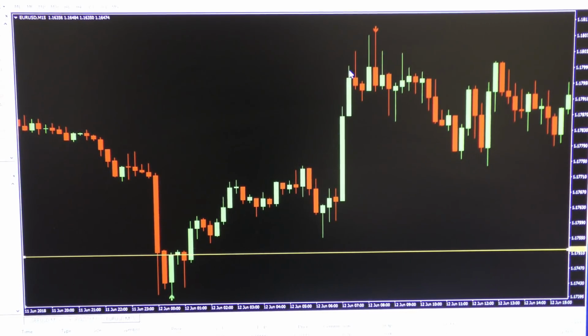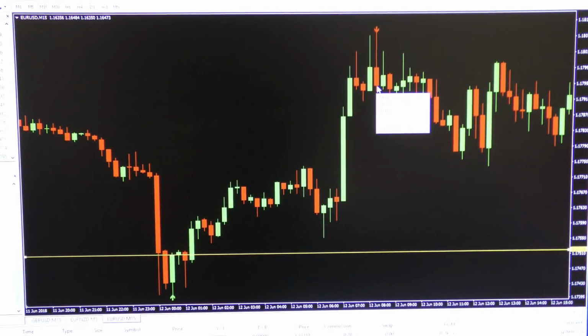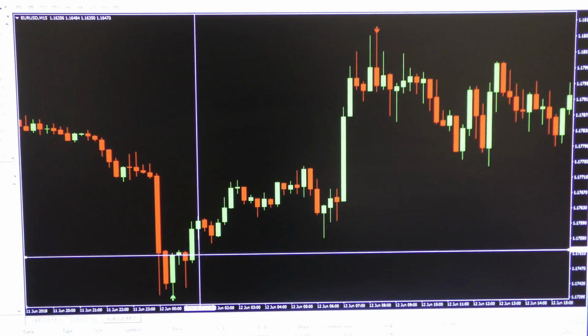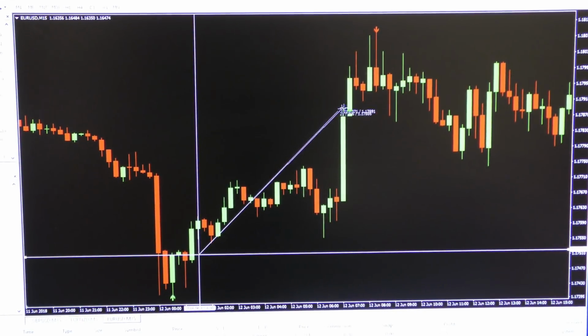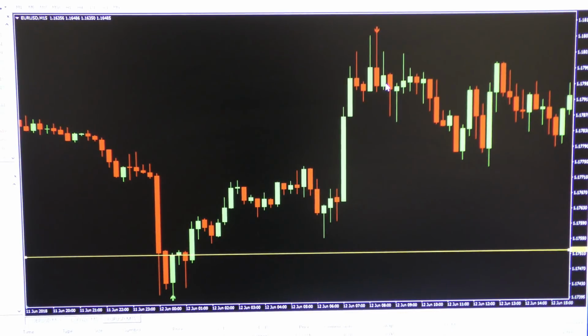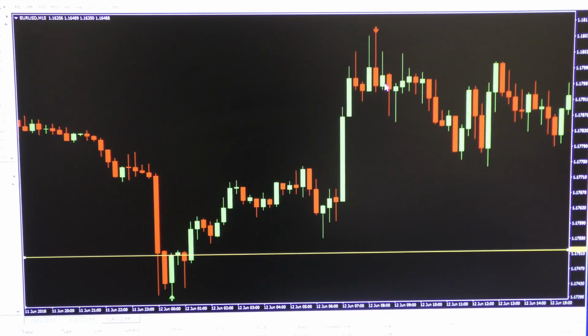And the exit signal you will get here, another arrow, down arrow, and the new candle opens. So that will be your exit. So let's see how much your profit is going to be. Your profit is going to be 42.7 pips. Okay, let's say 42 pips. So we add 42, that's equal to 129 pips.